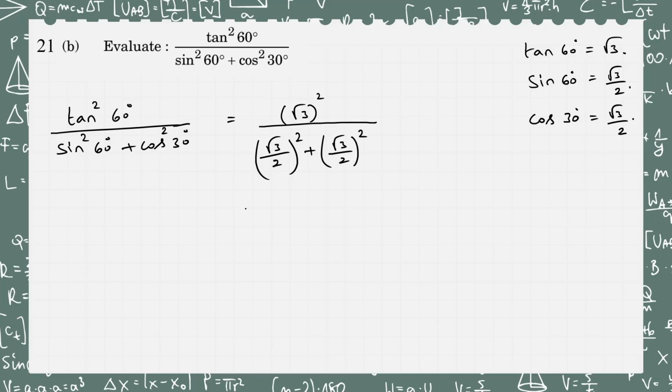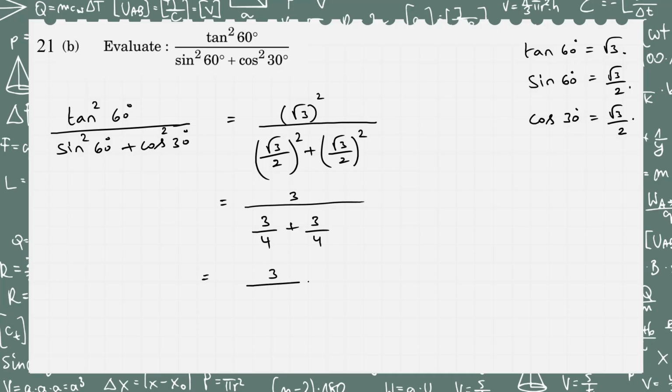So this is also root 3 by 2 whole square, and root 3 whole square is just 3. So 3 divided by this we can write like 3 by 4, right? Root 3 square is 3, 2 square is 4.